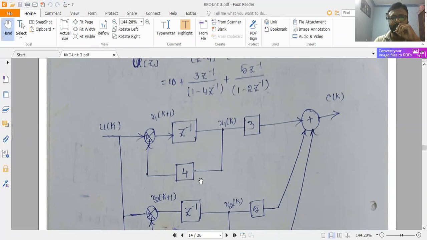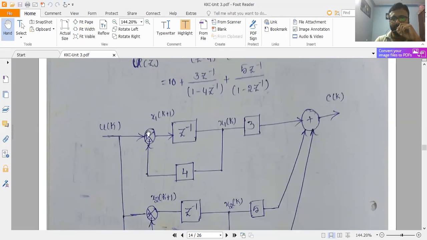So we obtain z inverse divided by 1 minus 4 into z inverse, and that total block is multiplied with 3. We get this particular block.